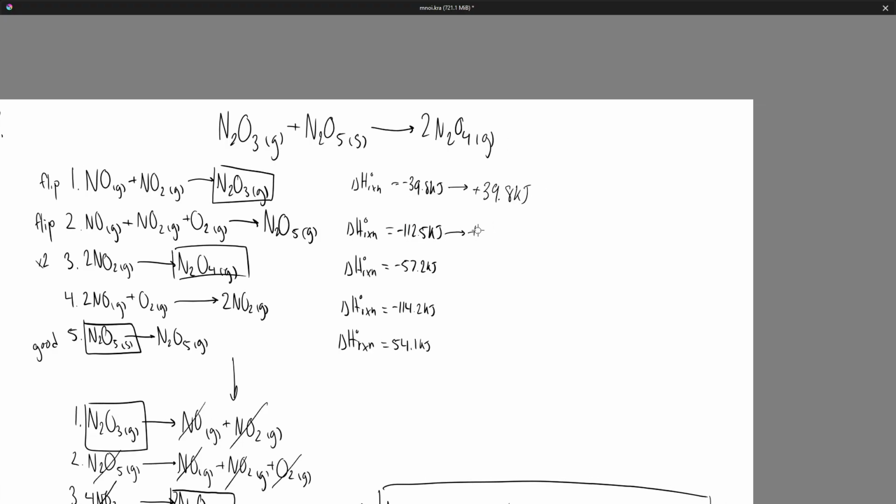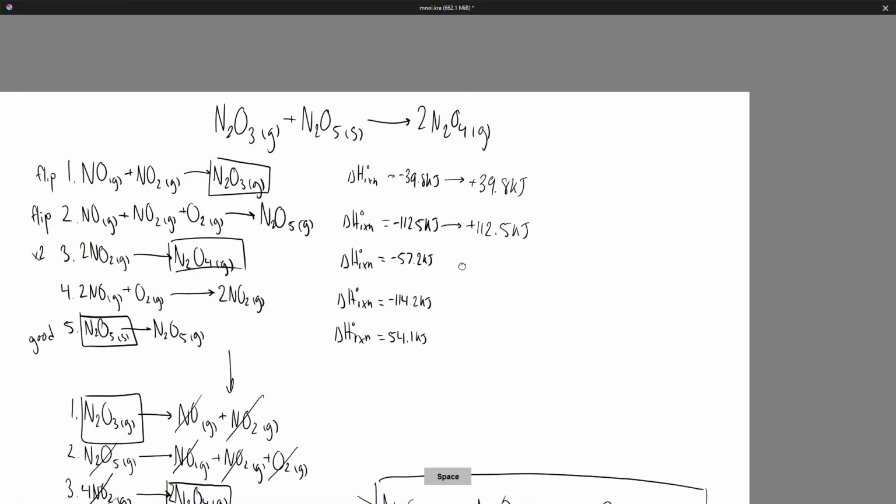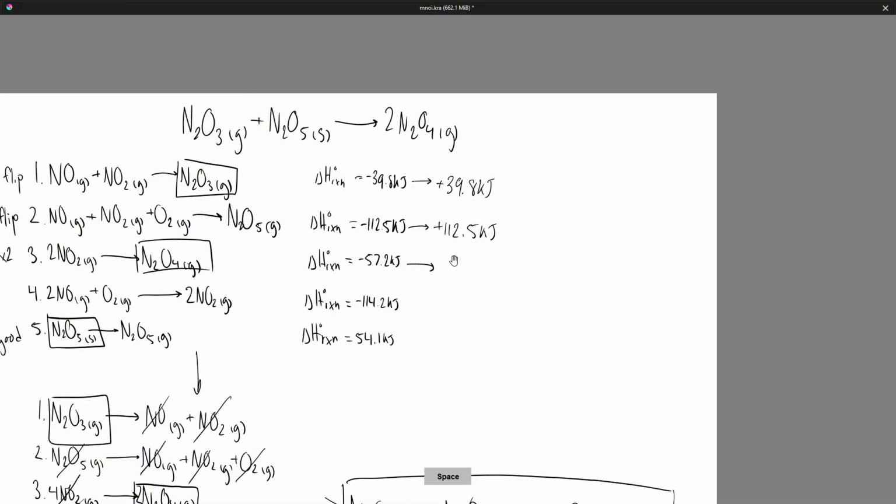So that's positive 12.5 kilojoules. Now this one, we doubled the coefficients here, which means we double this one as well. So that is, I think, negative 114.4 kilojoules.